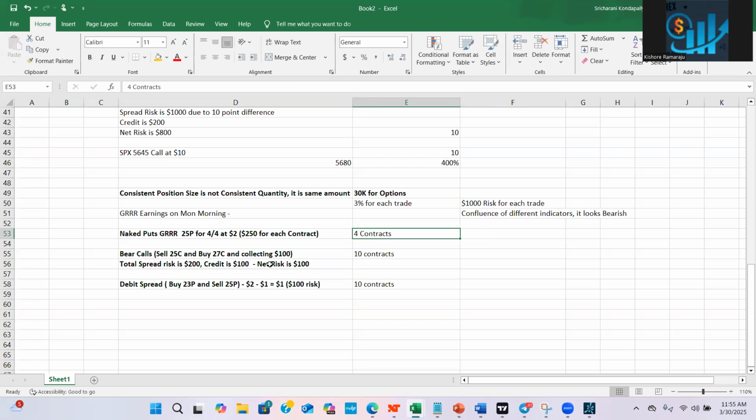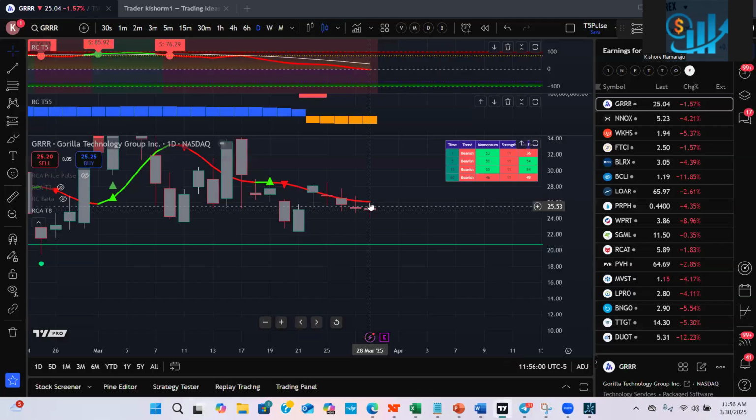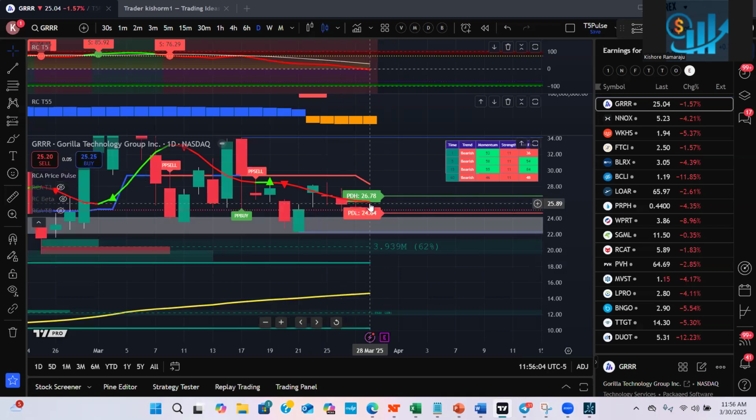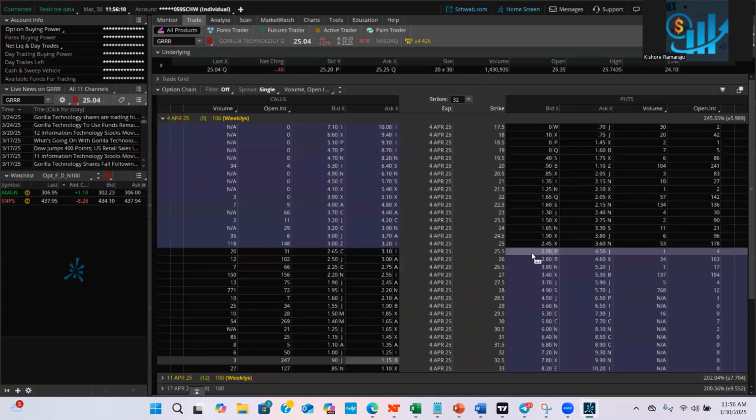Or let us say I want to do a bear call spread, right? Because I am expecting it to drop to somewhere here. So what I can do is go and do a bear call spread.